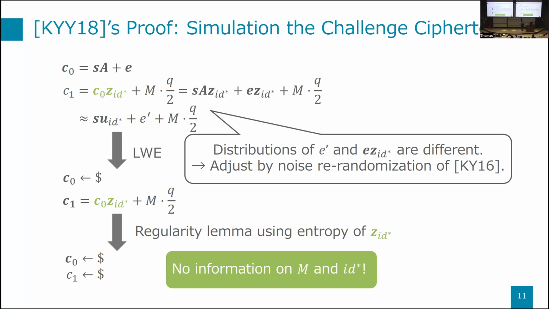Then they are adjusted by the noise randomization technique of KY16. Then we use RLWE to randomize c0. And finally, we randomize c1 by using the regularity lemma using the entropy of g_ID star. So finally, the ciphertext is completely random, with no information on M and ID star.